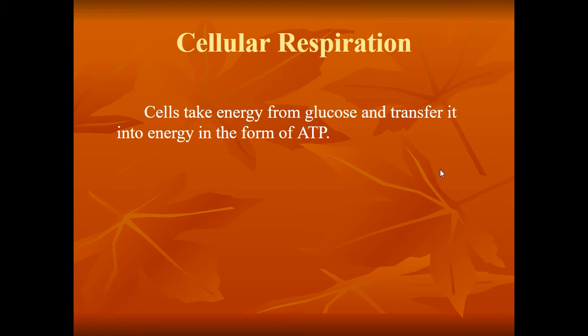ATP is a really important molecule in any organic life form because it's the main source of energy that our bodies and our cells use. So we take sugar and use it to make ATP.